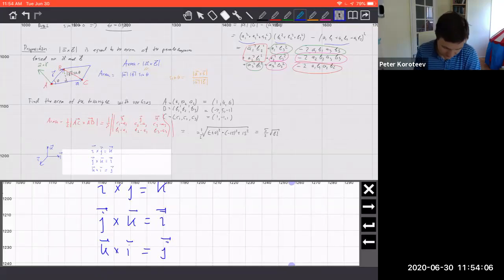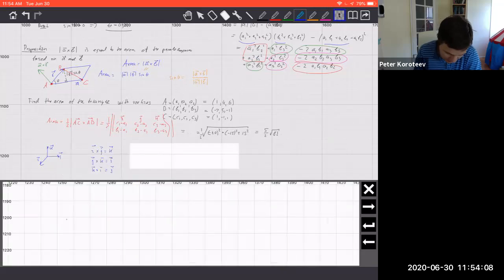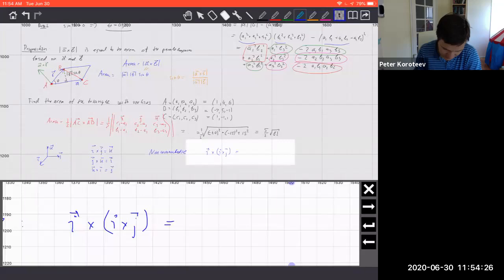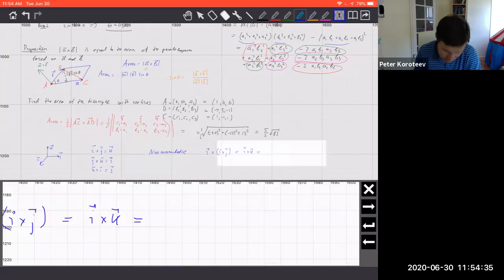So the cross product is non-commutative. Because, for example, I cross J is equal to K. So it's I cross K, and that's equal to minus J, right?